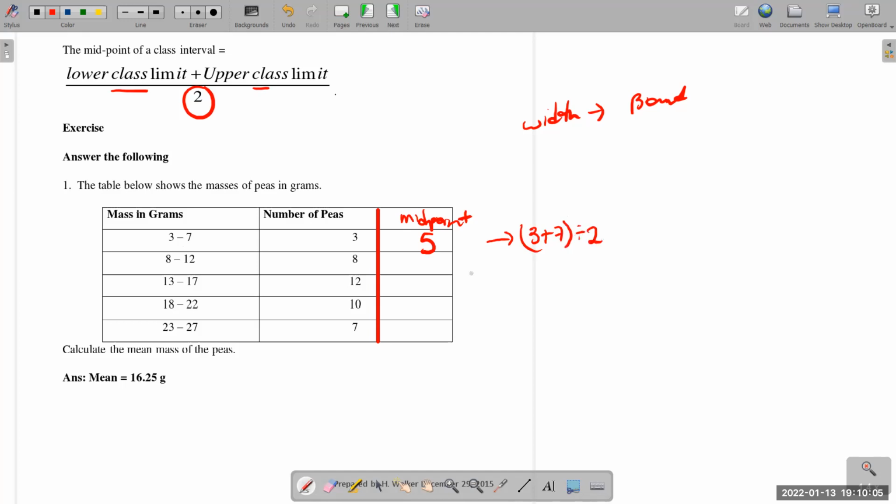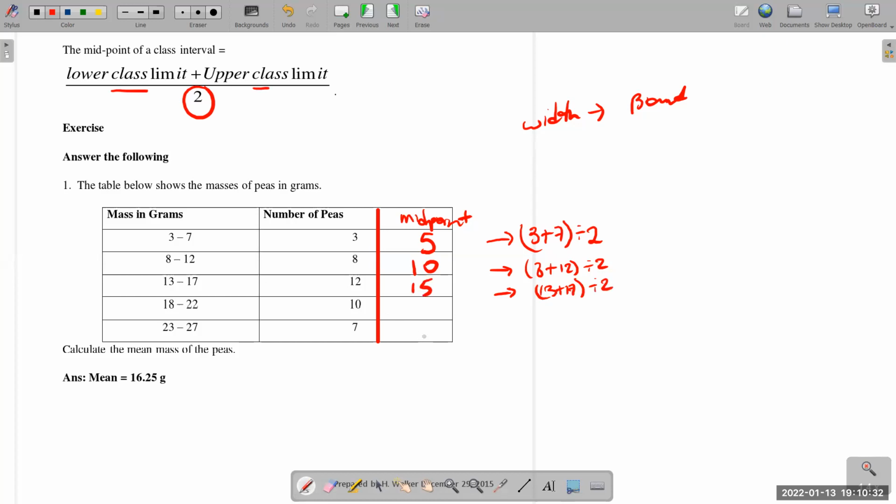Everybody following me so far? What about the next one? What are we going to do? 8 plus 12 divided by 2. 8 plus 12 is what? 20. 20 divided by 2 is 10. Agreed? Next one, 13 plus 17 is what? 30. 30 divided by 2 is 15.